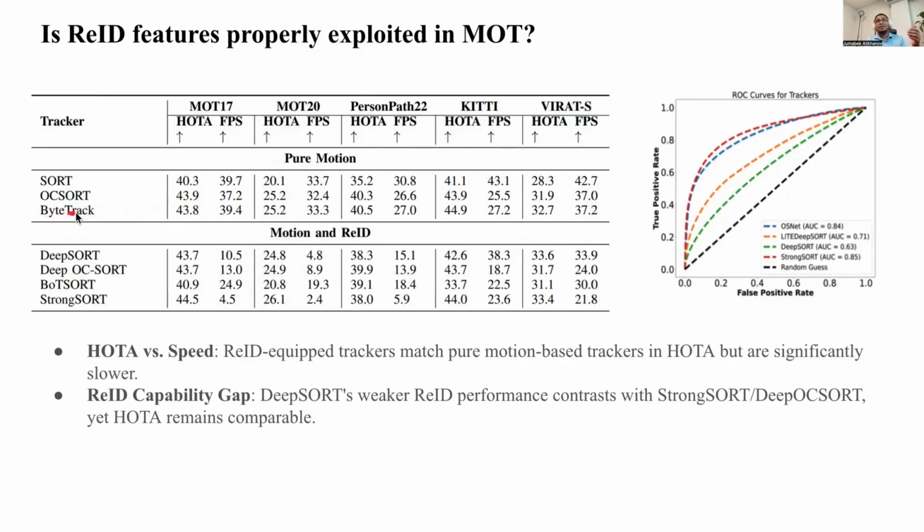You can follow these papers, and they also report similar scores. There is no difference in terms of accuracy when people add ReID, but it slows down, obviously. Okay, so this is another insight Prime gave us during this research.